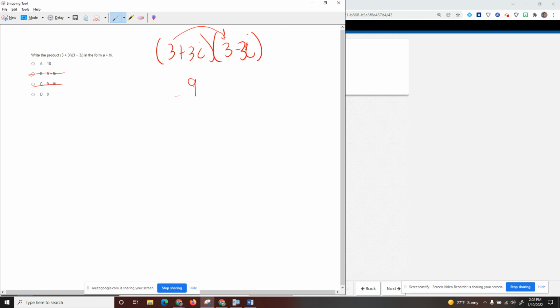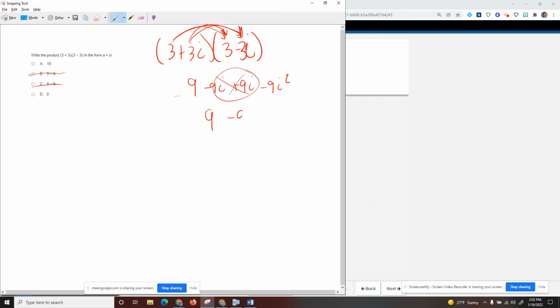3 times 3 is 9. 3 times negative 3i is negative 9i. 3i times 3 is positive 9i. And then 3i times negative 3i is negative 9i squared. When I go to simplify now, that negative 9i and the positive 9i add to 0.